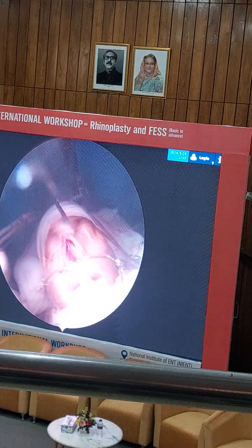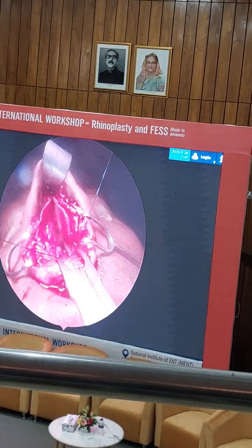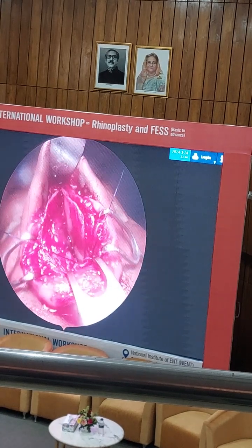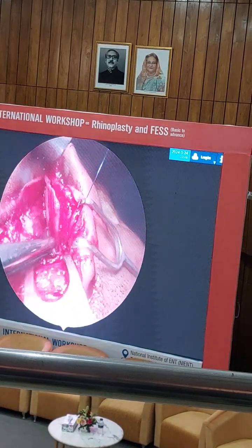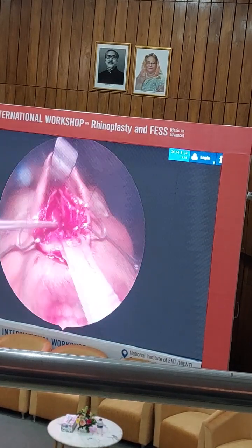Just we pass like this. Now we have the good support. Now again, go just behind.